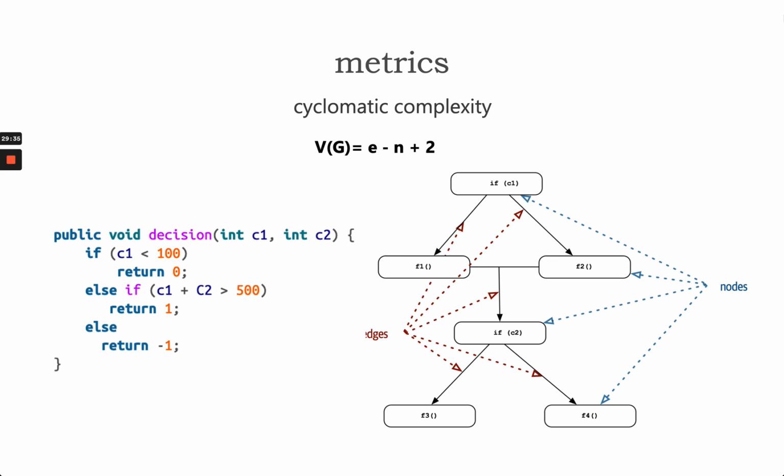What this allows you to do is look at and measure the complexity of methods or functions within your code base, which is often a good indicator of several other things that we'll talk about in just a second.